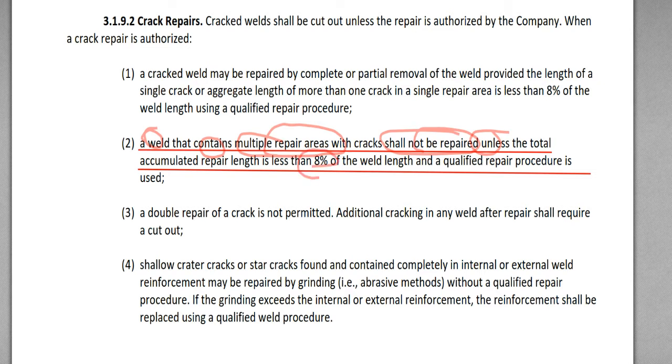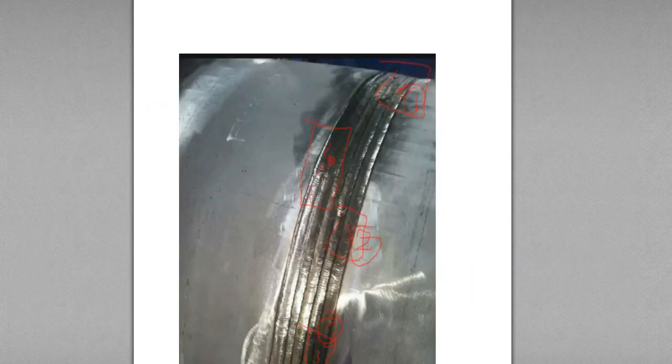Repair area. So this is 200 millimeter, and the repair area length. Number 1, number 2, number 3, and the area length is, this is 10, and here is another 10, and here's another 10, then the total accumulated repair area length is 30 millimeter.